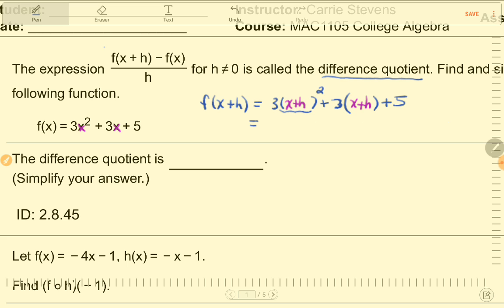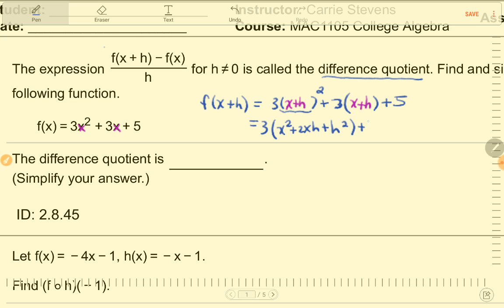And I took the time to talk about that here because if you know how to do that quickly, it saves you a lot of time. All right, so I can rewrite 3, and then x plus h quantity squared as x squared plus 2xh plus h squared.